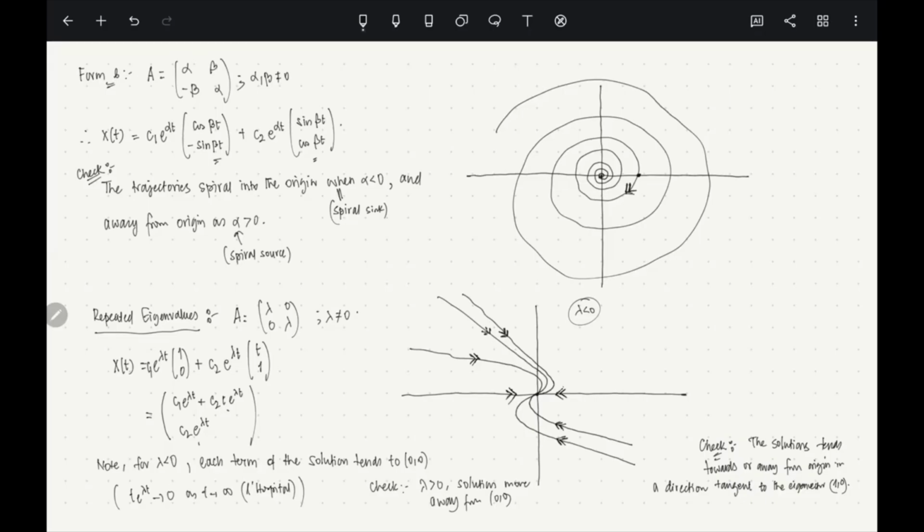Now this is the general idea, but you do realize that the whole plane will be filled with this sort of trajectory. So let's say you are starting somewhere here, how do you move? Essentially you move tangent to the eigenvector 1, 0. So you go like this, and after that you come here.